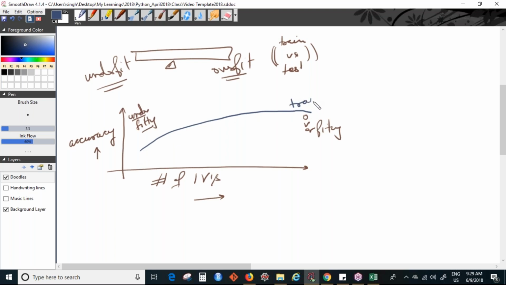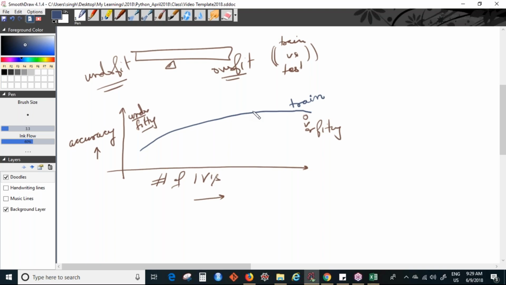This is for training data. Very few variables means you have not taken the important variables also. And as you increase the number of variables, your more important variables keep coming in and your accuracy improves.